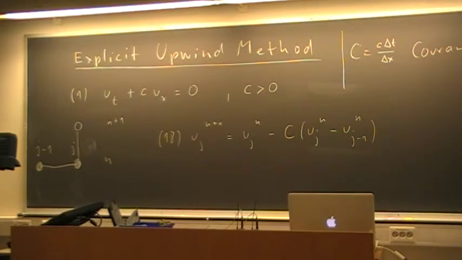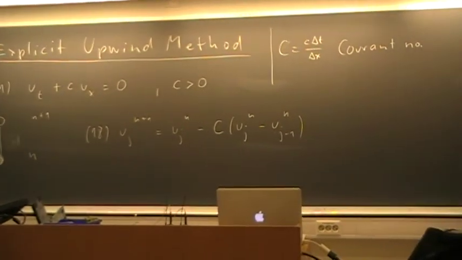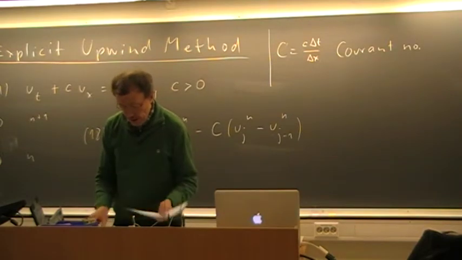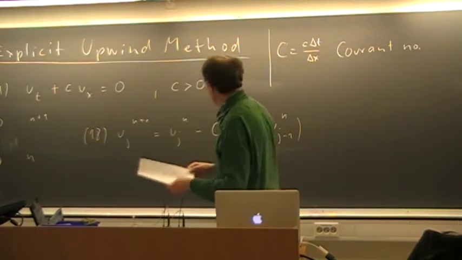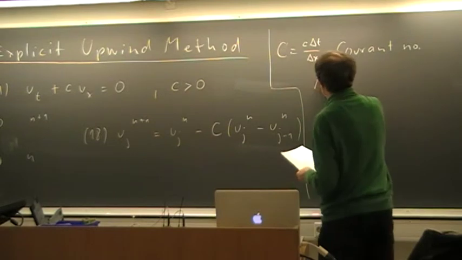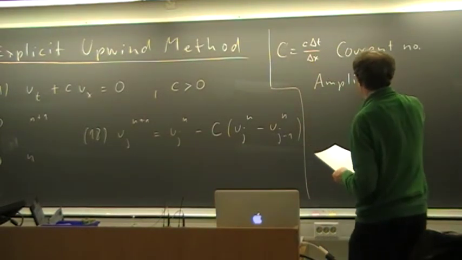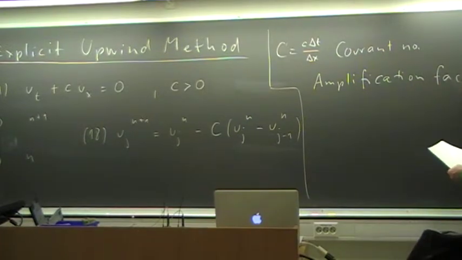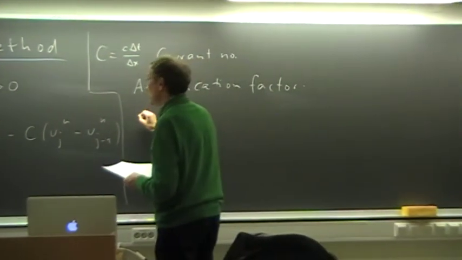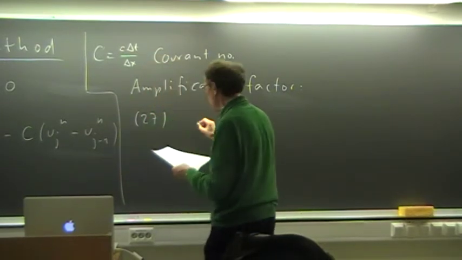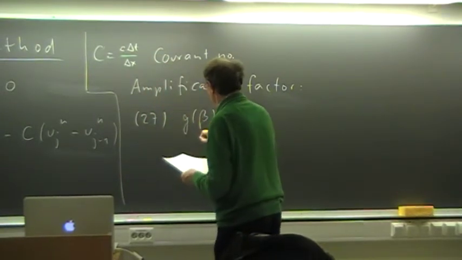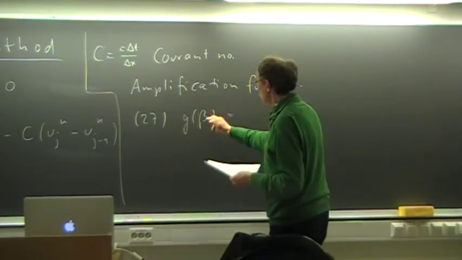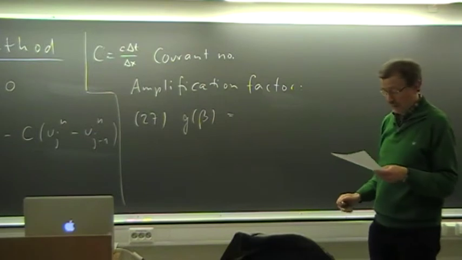And then we did a von Neumann stability analysis on this, and we found that the amplification factor is the following. So that was the von Neumann stability analysis, and that was 27 that we derived last time. We write it as a function of beta, which is k delta x.